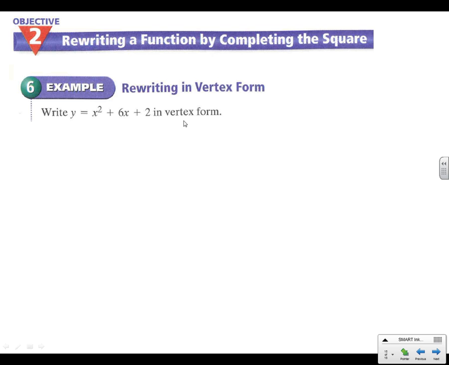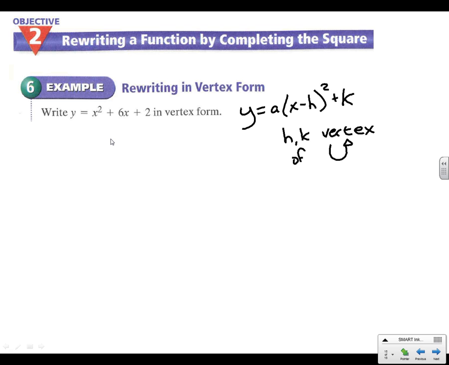All right. So if you remember vertex form, let me rewrite it. Vertex form, y equals a(x minus h) squared plus k, where (h, k) is the vertex of a parabola. All right, so we want to change that up.